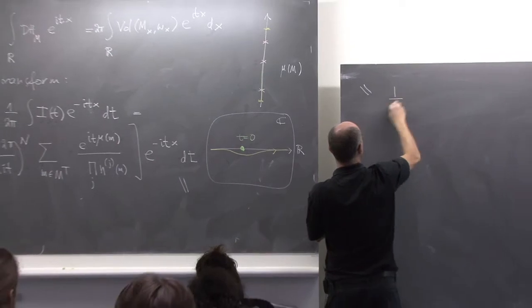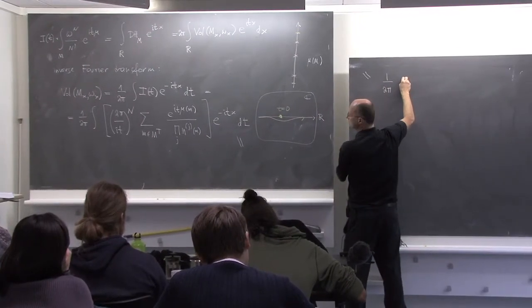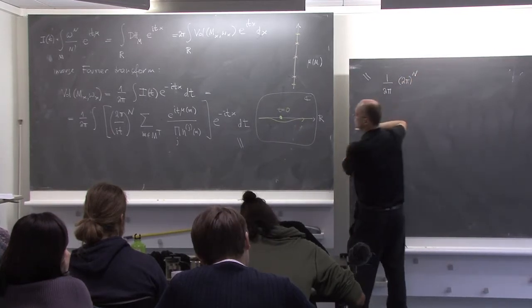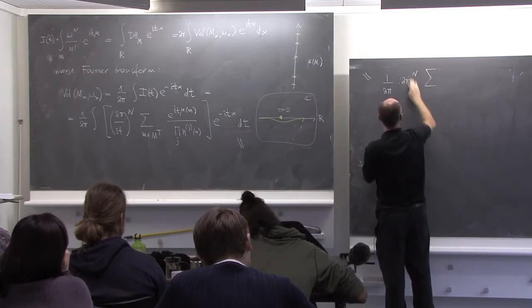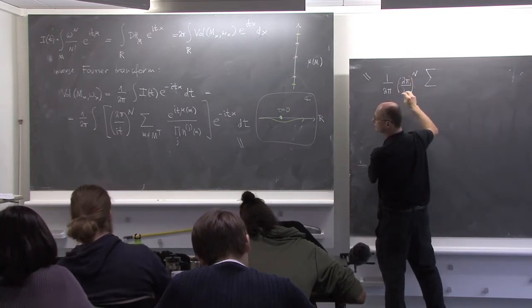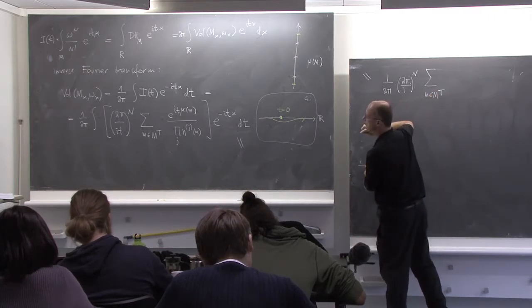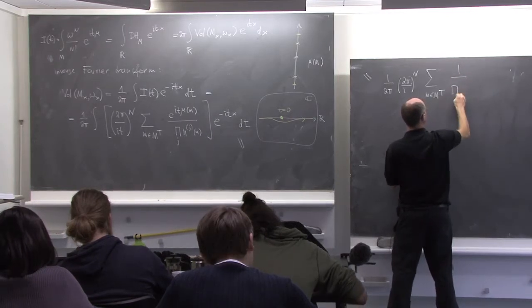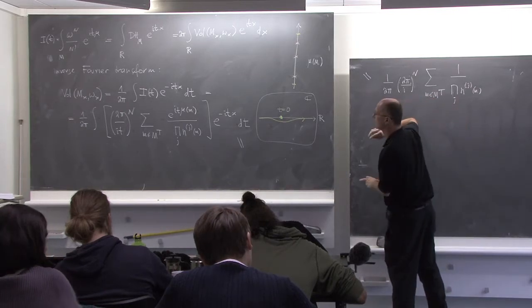So this is 1 over 2 pi, times 2 pi to the n, and maybe over i, sum over m, 1 over the product over j of the weights at m.